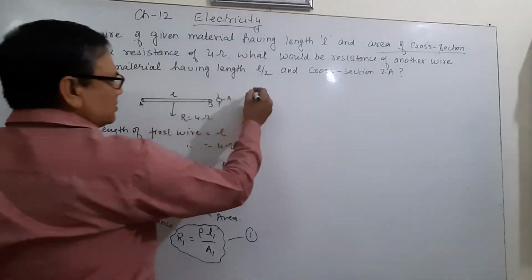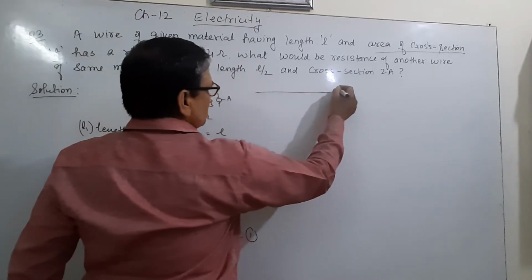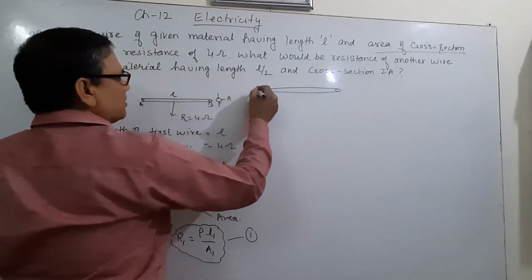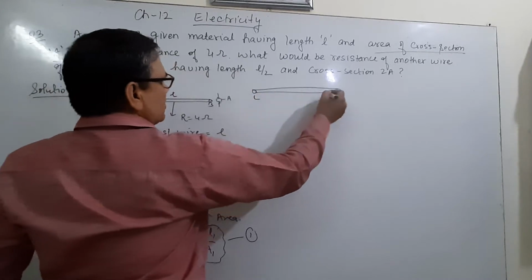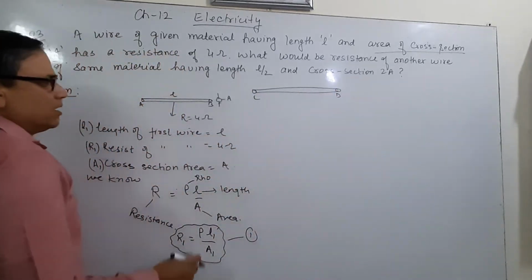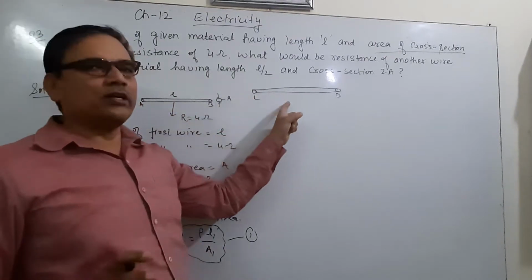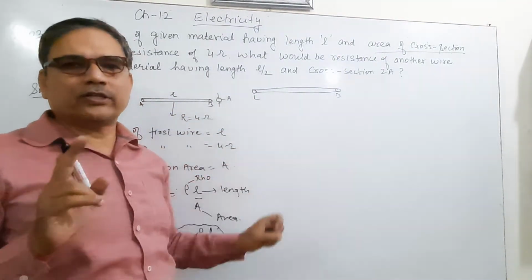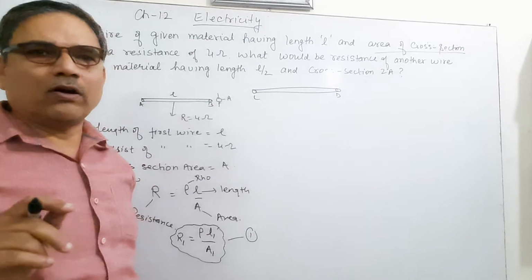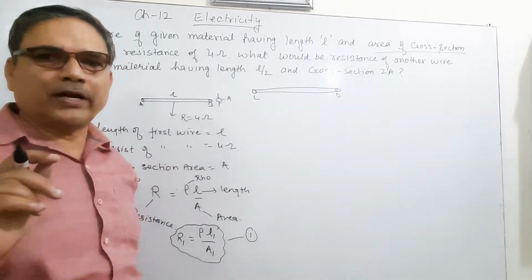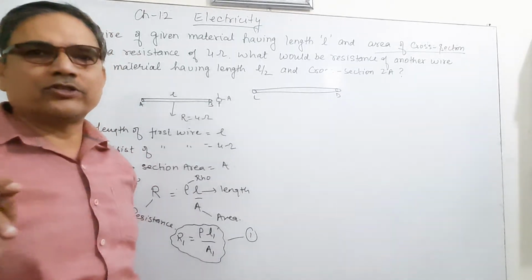The wire of the same material means if the wire is made up of the same material, the resistivity of AB and the resistivity of CD will be the same. If a conductor is made up of the same material, then resistivity will not change.